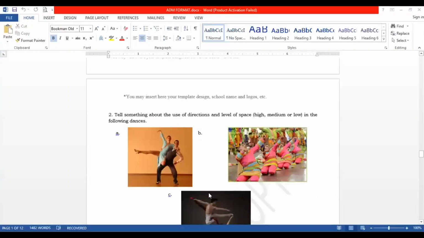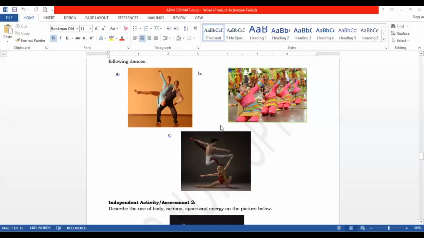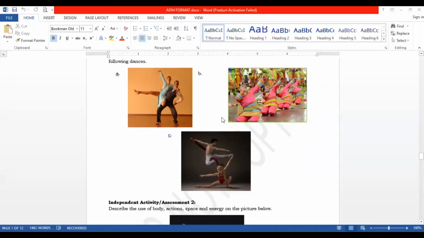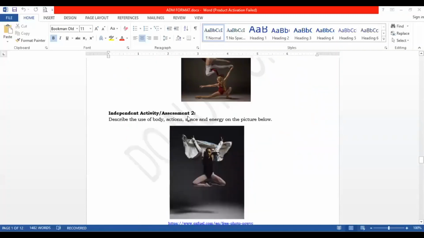Ayan. So, I am enriching, no, what the learners have learned on the what is it part. So, dito, tell something about the use of directions, level of space, ganyan. So, lahat nung aking pinapa-activity ay may kinalaman sa body, sa diniscuss ko. So, this is the independent activity assessment 2.